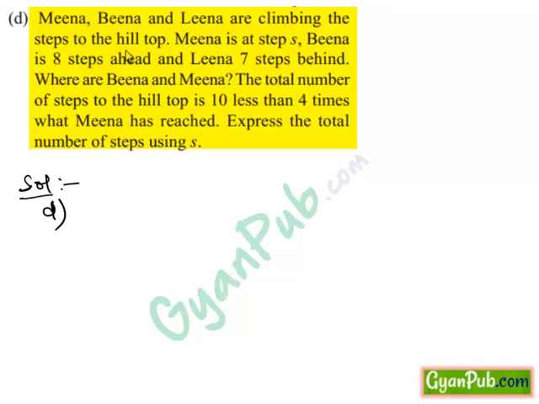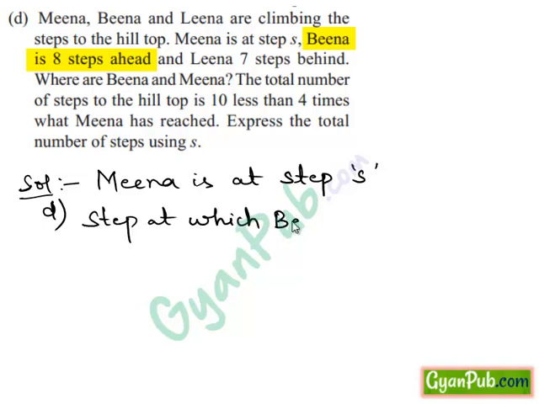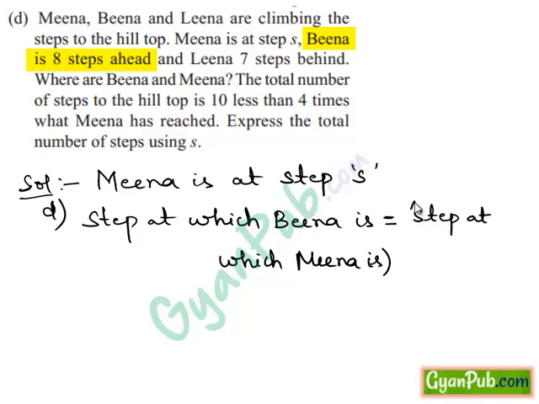In the question they had given that Meena is at step S. And they had also given that Beena is 8 steps ahead. So the step at which Beena is equals the step at which Meena is plus 8.